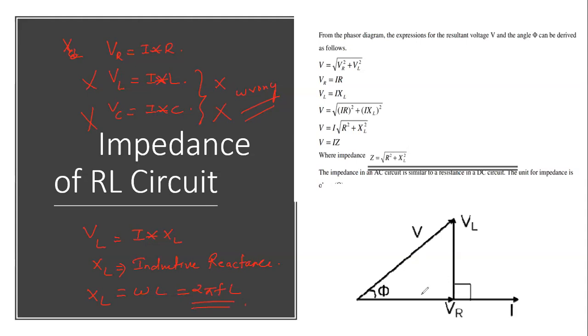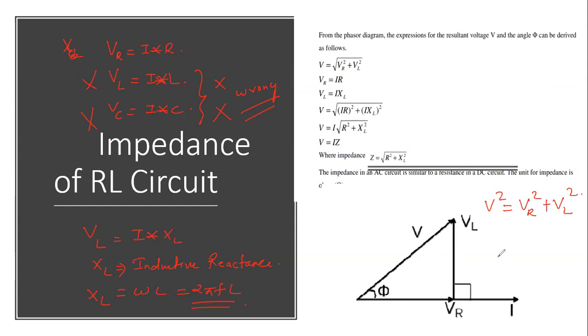Okay, so now since you have seen this phasor diagram, where this is VR, this is VL, and this is V, and this is a 90 degree angle, this is a right angle triangle. So my hypotenuse square will definitely be equal to my base square plus my perpendicular square. We know the individual values.